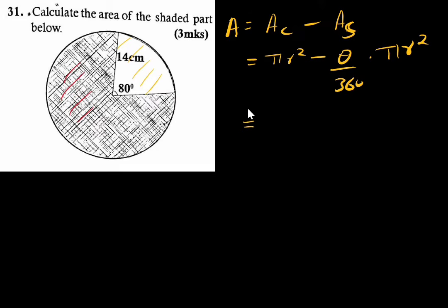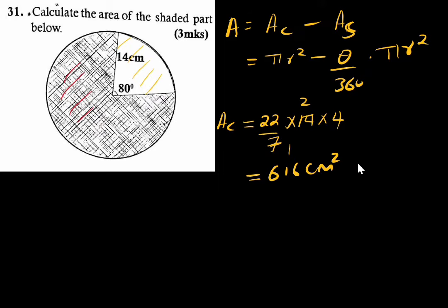So here, pi is 22 all over 7, multiplied by the radius, you can see the radius is 14. So times 14 times 14. So I solve for area of the circle. 22 all over 7 times 14 times 14. By 7, 1, by 7, 2. If you multiply, you'll see that the area of the circle is 616 centimeters squared.